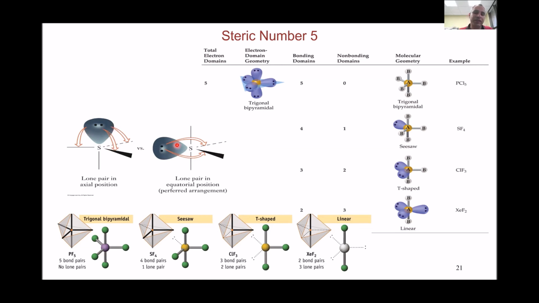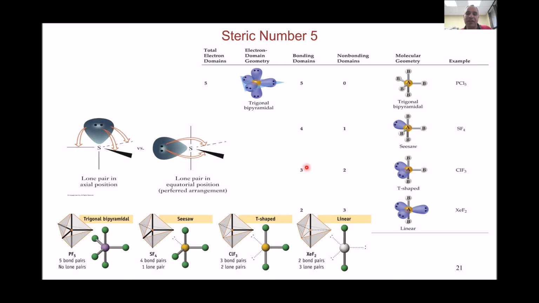But if the lone pair is in an equatorial position, it's going to feel less repulsion because of the 120 degrees angle with adjacent orbitals. That is going to result in what is called a seesaw shape in the molecule. An example for that is the SF4 molecule, which has a seesaw shape.